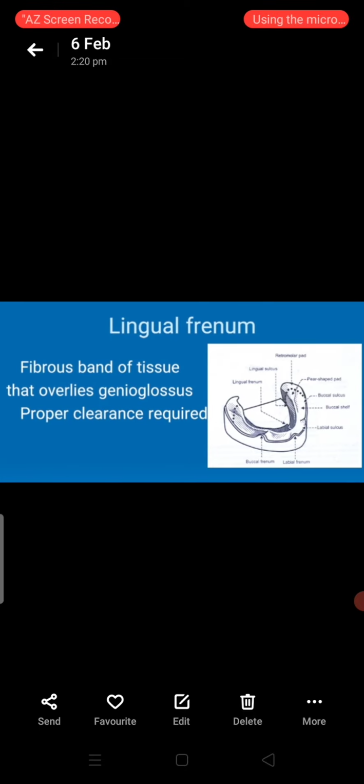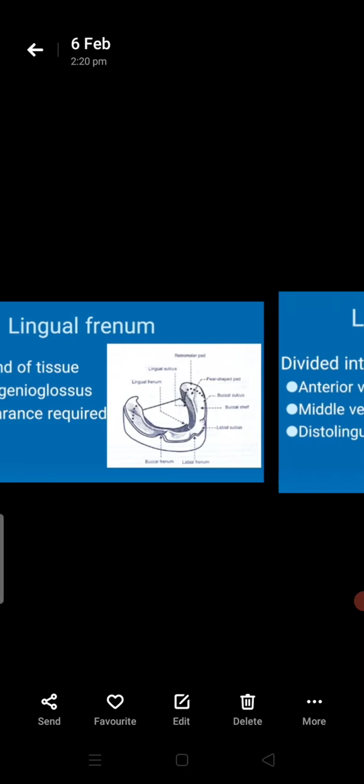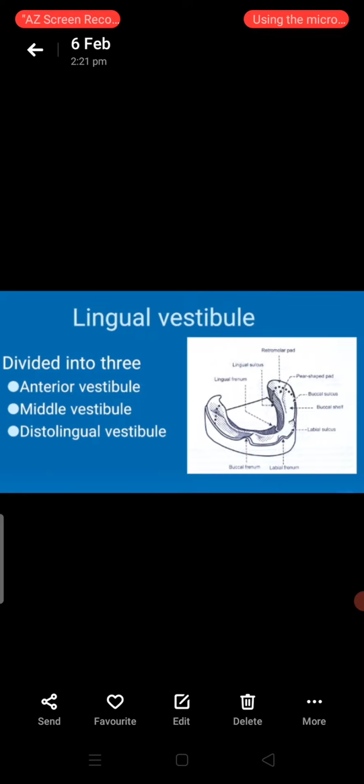Next is the lingual frenum. The lingual frenum is a fibrous band of tissue that overlies the genioglossus muscle. Proper clearance is required in that area. Next is the lingual vestibule. Now, the lingual vestibule is very important. The lingual vestibule is divided into three parts: anterior vestibule, middle vestibule, and distolingual vestibule.